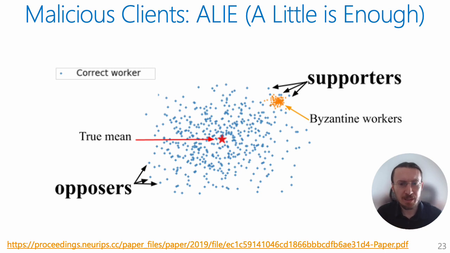Now we can analyze an example of an attack from a malicious client. This is a relatively successful attack if we consider that the attacker can try to break this protocol through many iterations. We have the red star in the middle, and this red star is the true mean of the weights in all clients.